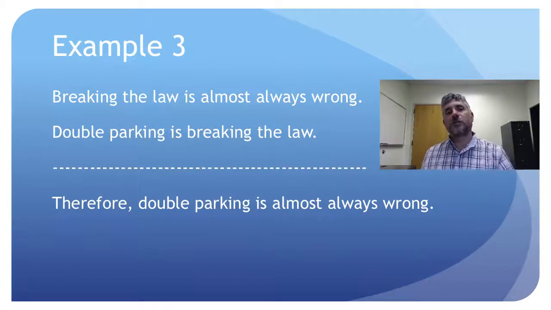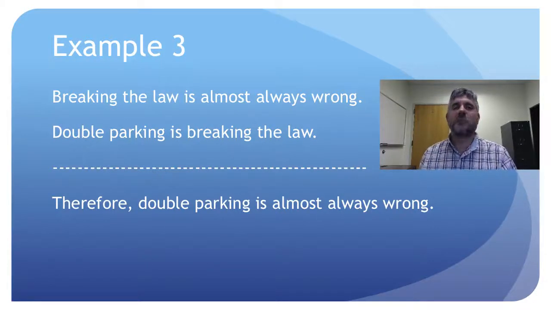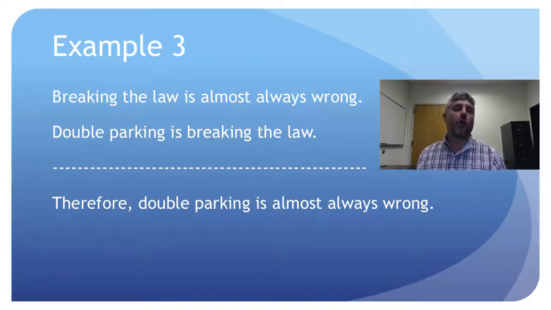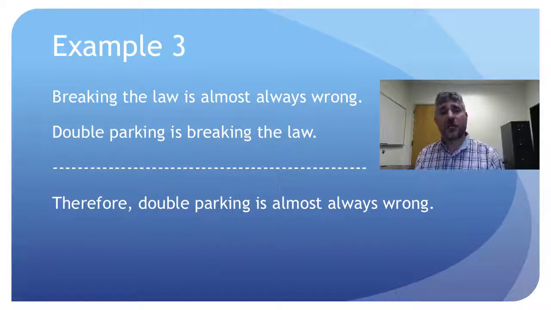But if a generalization is phrased in such a way that it admits of exceptions, like if a generalization talks about what almost always happens, or about what usually happens, about what typically happens, then we can't refute that generalization by means of counterexamples. Okay, so we can look at examples of counterexamples in the exercises that follow.